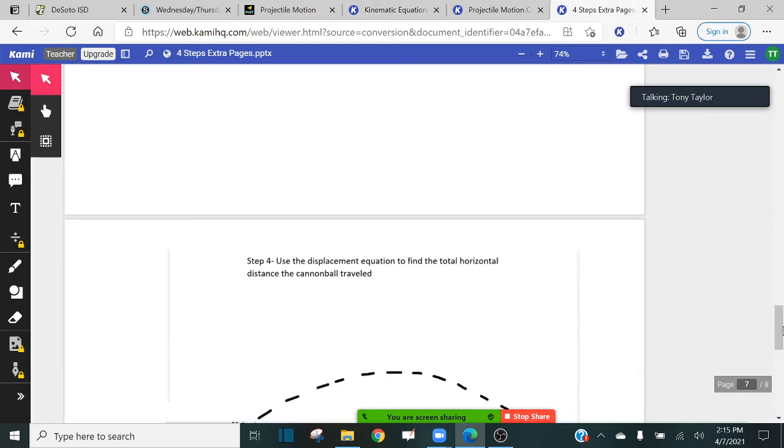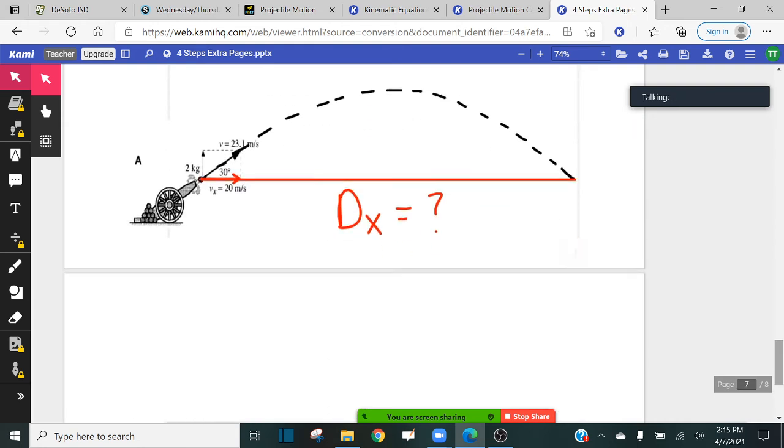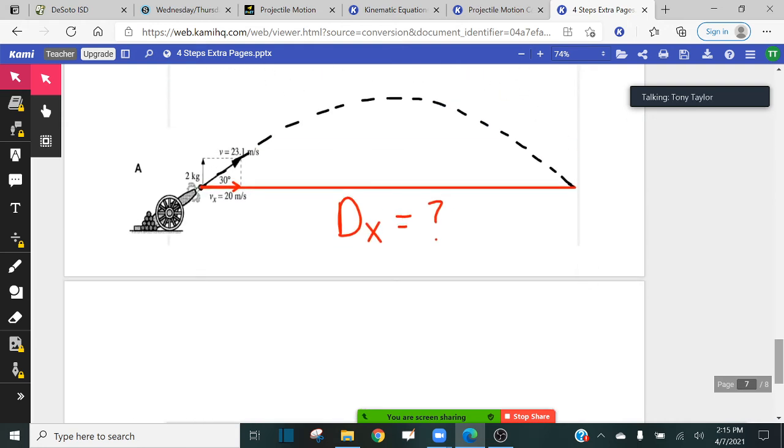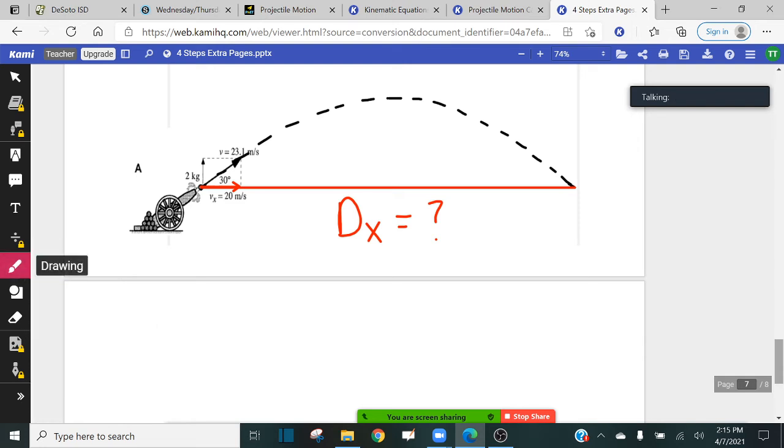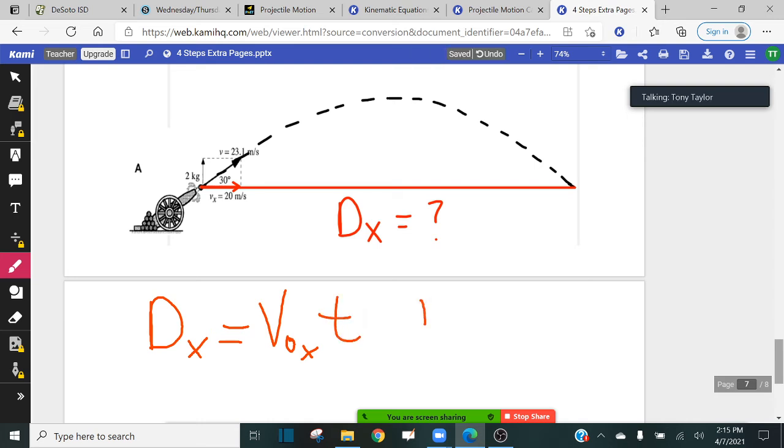So solely focusing on the x direction, I'm going to write out my displacement equation for the x direction: my initial velocity in the x direction multiplied by time plus 1/2 multiplied by acceleration multiplied by time squared. Okay?